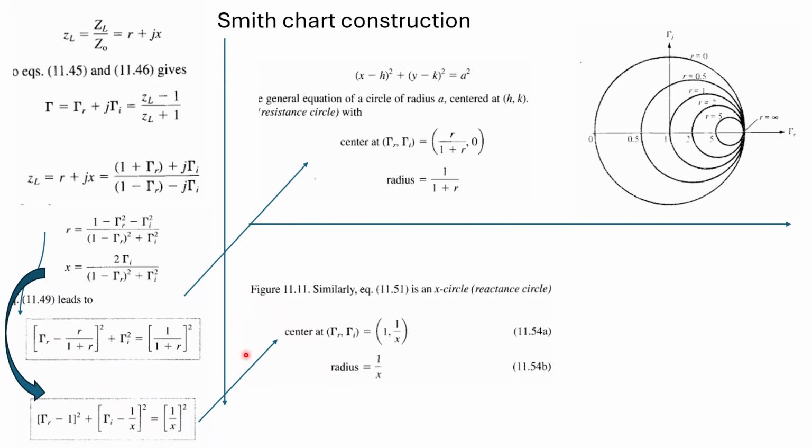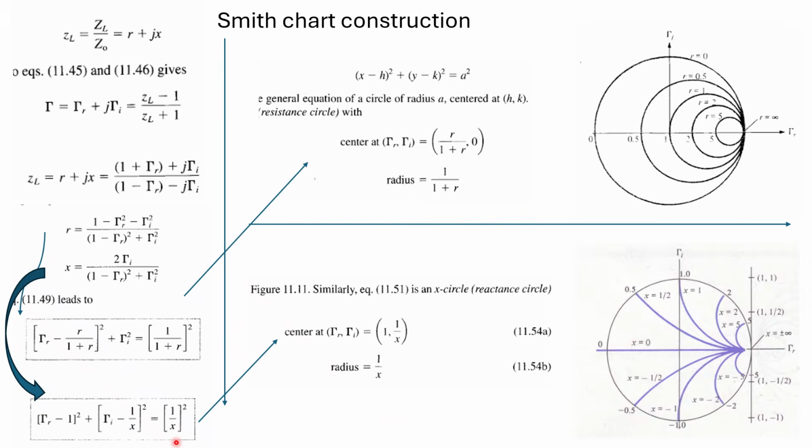Okay. Similarly, for the imaginary part, the center is at 1 comma 1 divided by x, and the radius is equal to 1 by x. Now again, if we put values of x, for example x equal to 0, the equation will be tau r minus 1, whole square, plus tau i minus 1 by 0, which is infinity, and the radius 1 by x is also infinity.